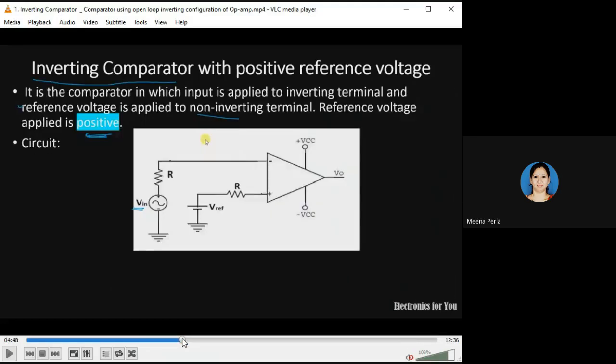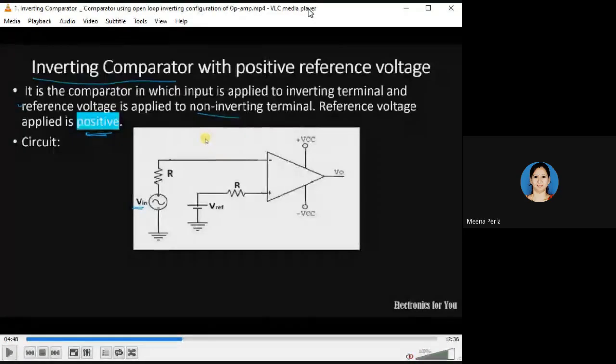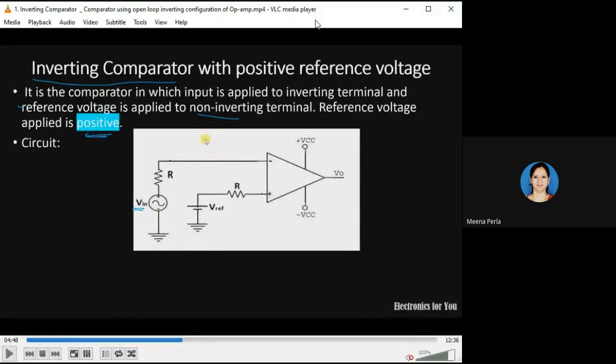So I request you to draw this circuit for the inverting comparator with positive reference voltage. Once you draw this, then we will directly move to the waveform and note down the operation of this inverting comparator with positive reference voltage.